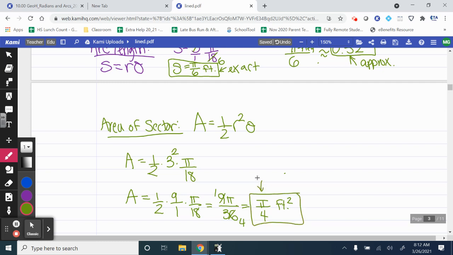So that is your exact value. If it asks for exact, you'd give it that way, or you could have cross reduced here, since 9 goes into 18 twice, and then you'd have pi over 4 right off the bat. And then we want the approximate value, so we type in the pi key divided by 4 into your calculator. Go ahead, pause the video, type that in right now, write out your full decimal, and then round to the nearest hundredth. Your nearest hundredth should be 0.79 feet squared. And that's your approximate value. So that's a rounded value.